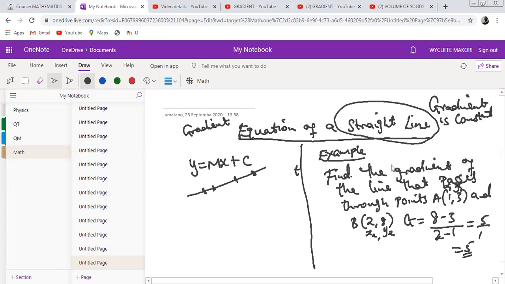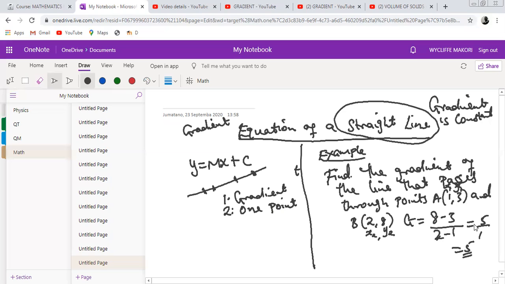When you are told now to calculate the equation, you need to have two things. One, you need to have the gradient. Then two, you need to have at least one point through which that line passes.